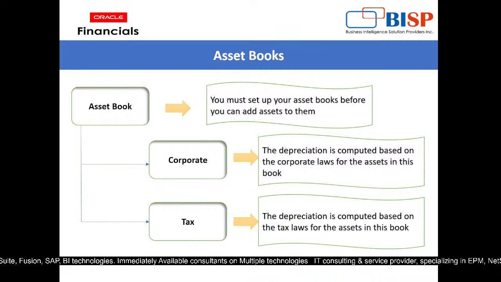You can set up multiple corporate books that create general entries for different ledgers or for the same ledger. So there can be multiple corporate books, and these can be associated with different ledgers or the same ledger. In either case, you must run depreciation and create general entries for each book.